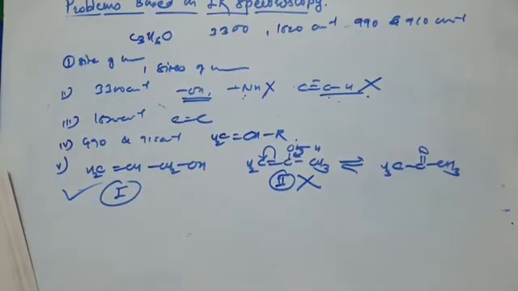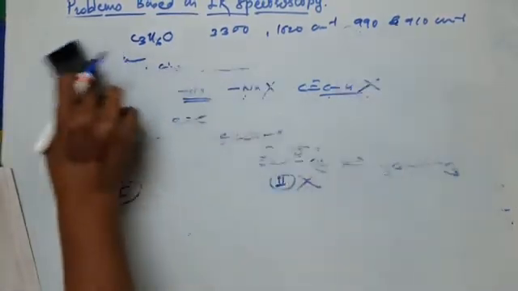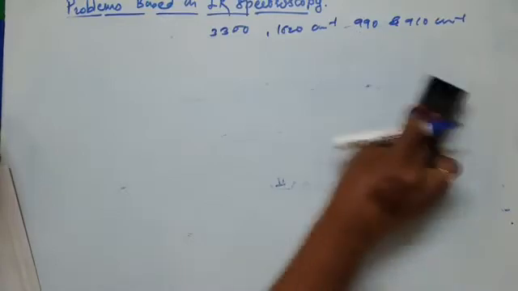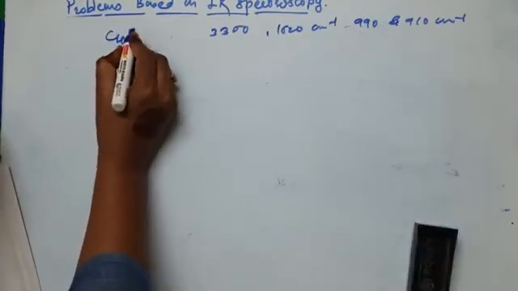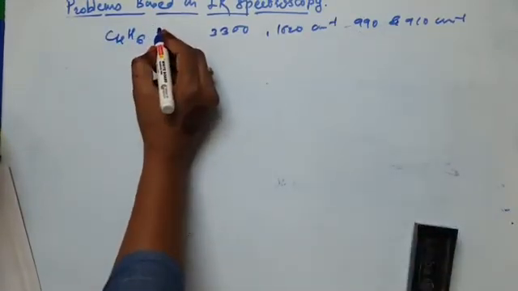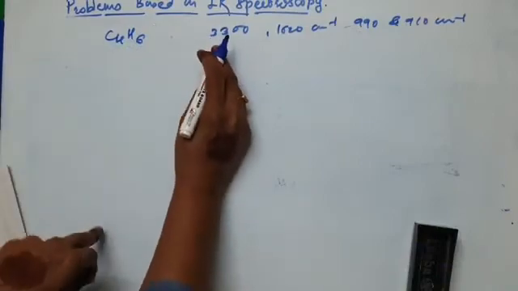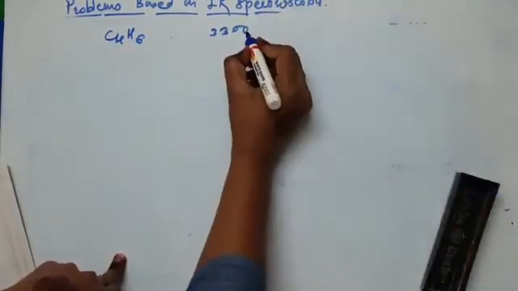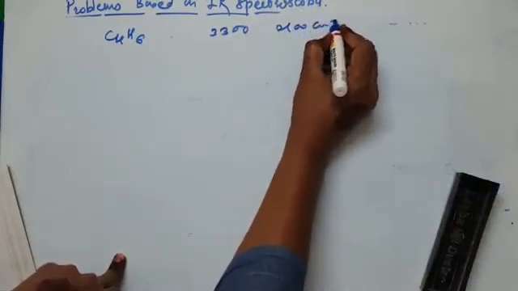Okay. Now the next problem, the molecular formula is C4H6. It shows again the band at 3300 centimeter inverse, and the next band is at 2100 centimeter inverse.